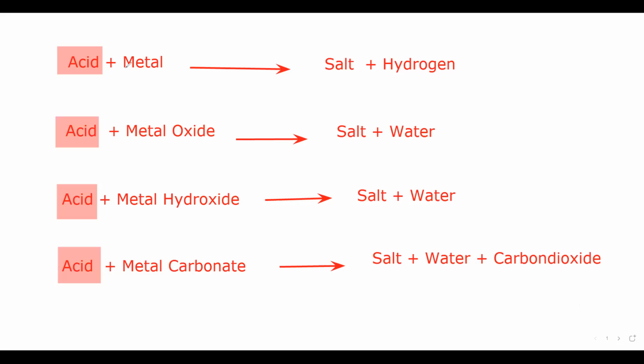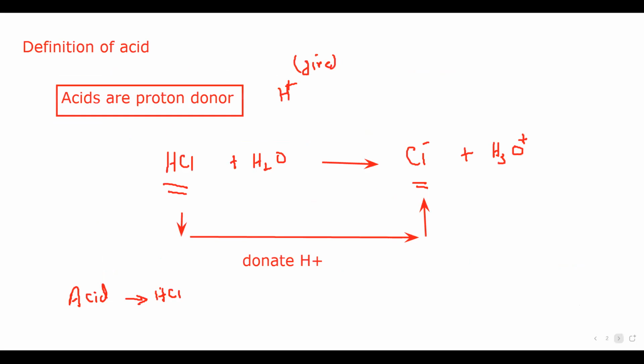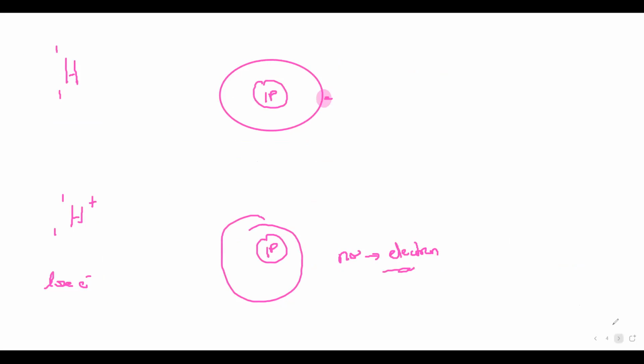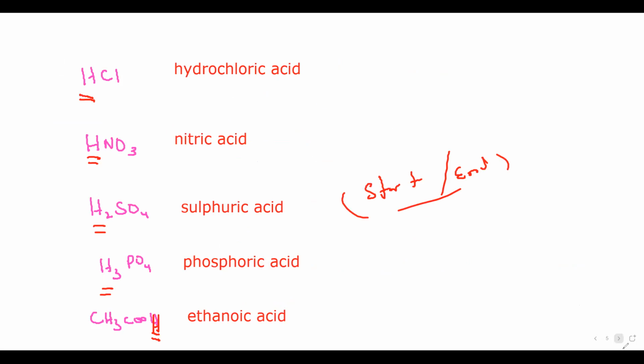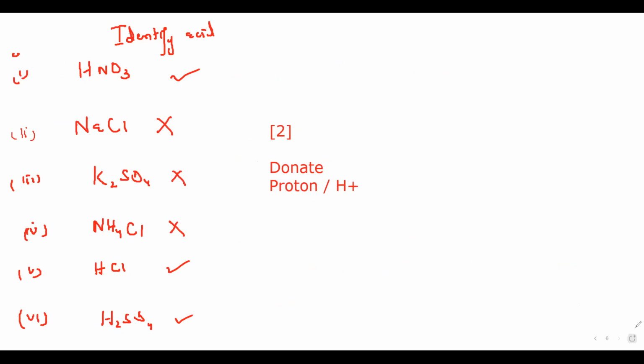So acid plus metal gives salt and hydrogen. Acid plus metal oxide gives salt and water. Acid plus metal hydroxide gives salt and water. And acid plus metal carbonate gives salt, water and carbon dioxide. So now we'll complete the product for each, starting with the first reaction, the reactions of acids.